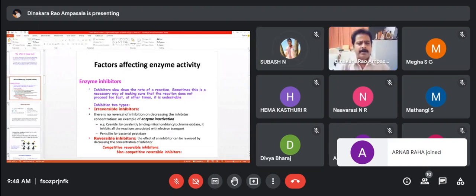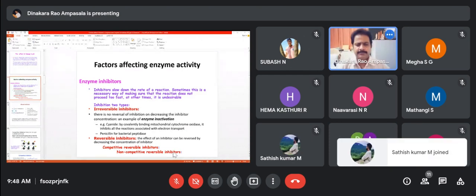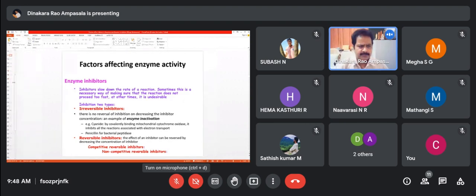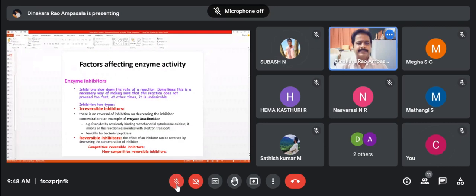Yes, sir. Is it moving? Slides are moving? No, sir, the slides are not moving. Same old story. Now slides are moving? Yes, sir. All right, okay, we'll start.